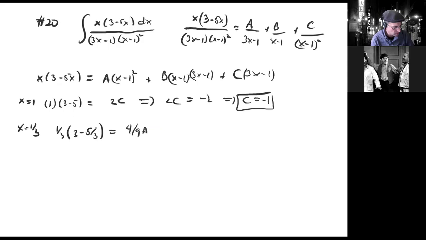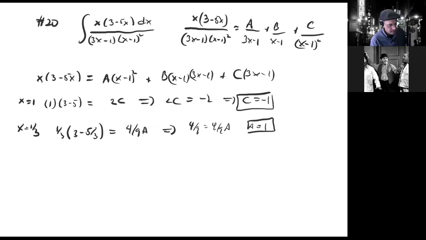Now 1/3 times (3 minus 5/3) is what? Well, 3 is 9/3, so 9/3 minus 5/3 is 4/3. 4/3 times 1/3 is 4/9. So 4/9 is equal to 4/9 times a, so that we get that a is equal to 1.